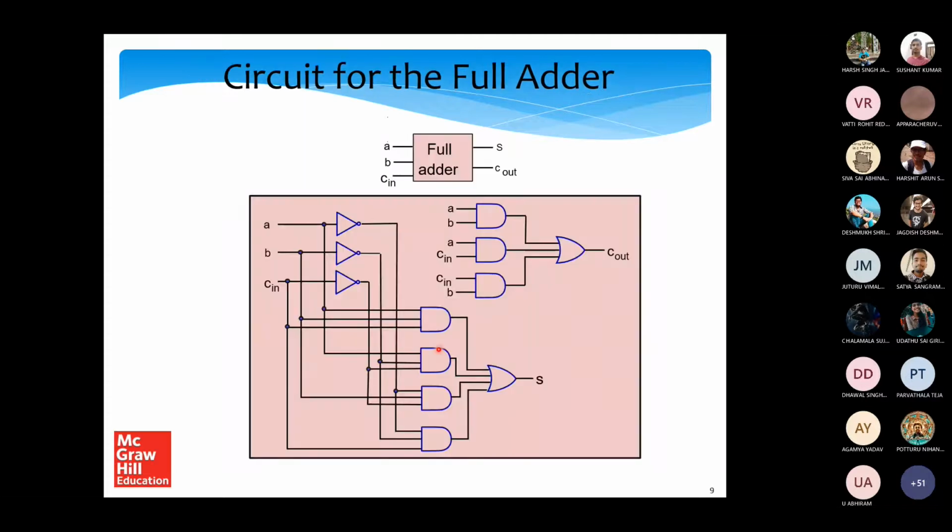Like this, one delay here, another delay here, another delay here. So when you provide the inputs A, B, C in, you get the output S after 3 units of gate delay.